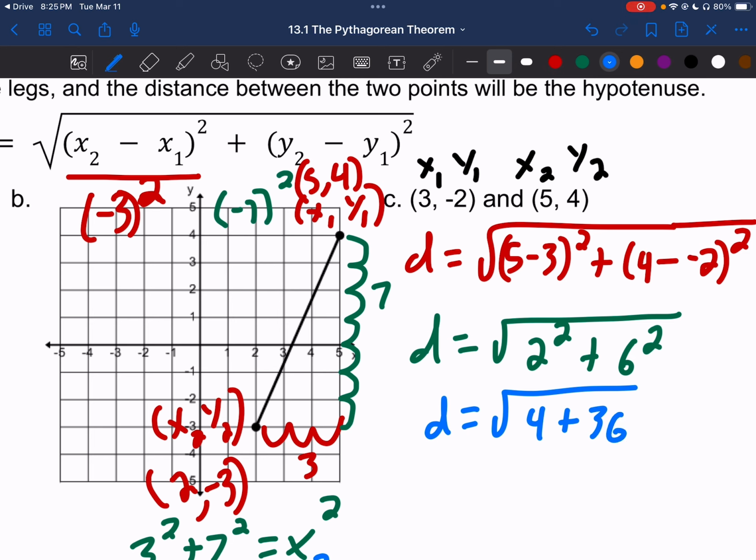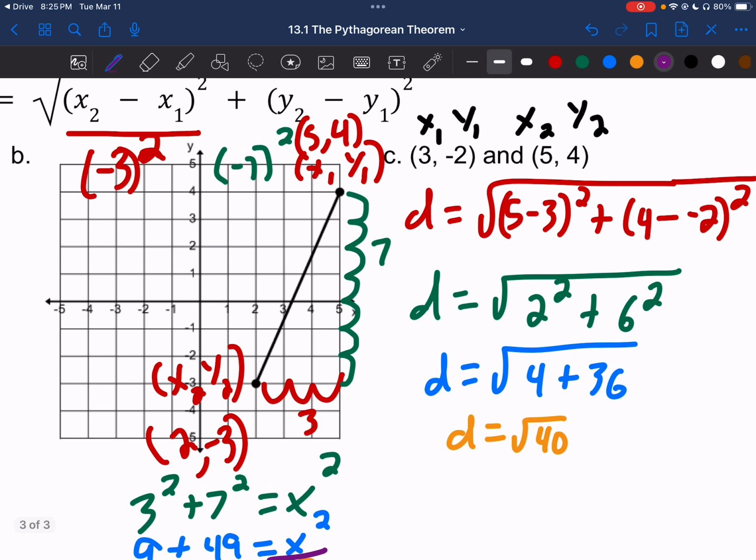Add those two together. That's the square root of 40, which when you use your calculator, you get that the distance is equal to, not the square root anymore because we're taking the square root. The square root of 40 is going to be 6.32 when you round it to the hundredths place.